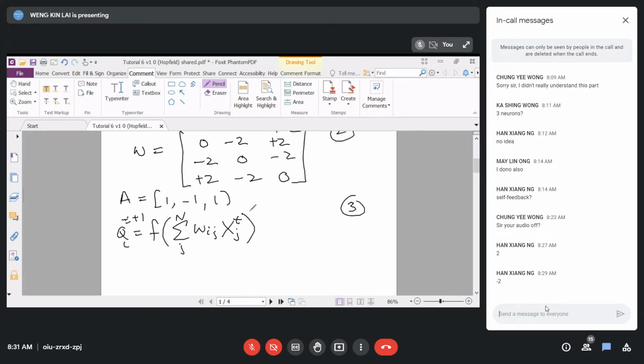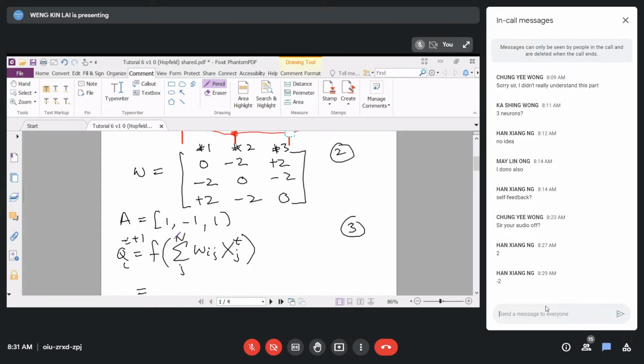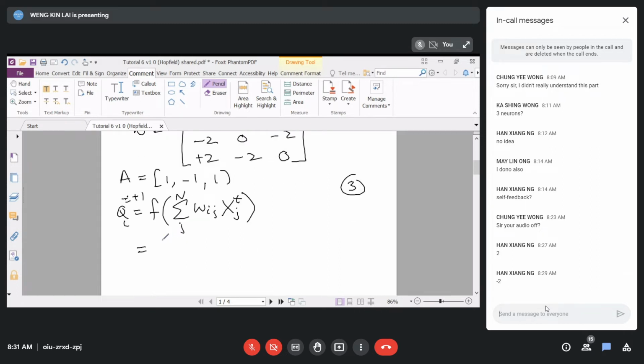Can understand, right? So now with this equation, let's look at the first one. Equals to 0, minus 2, 2. Let's draw this out. I am doing this 0, minus 2 and 2, plus, plus. I have another bracket here, which is my input.